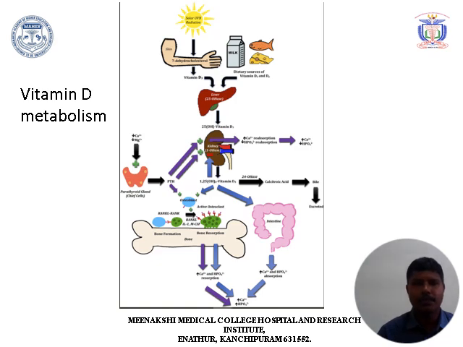This is the active form of vitamin D, and its function is to increase absorption of calcium from the intestine and also to help calcium deposition in the bone. This is the basic function of vitamin D.